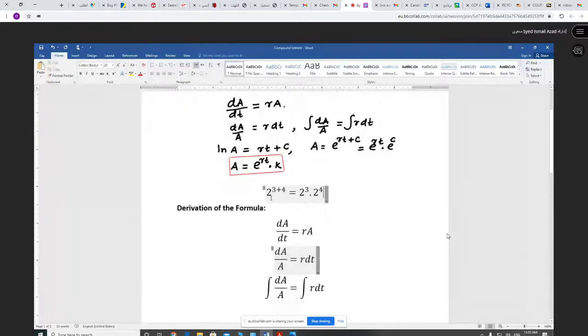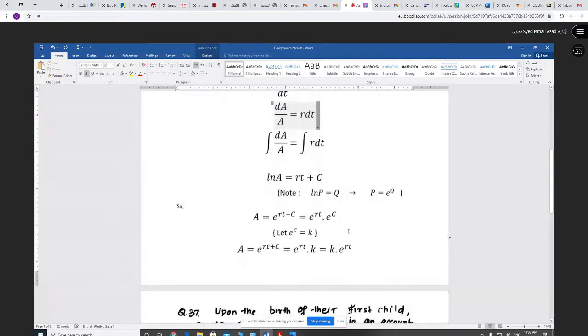If you have 2 power 3 plus 4, it is equal to 2 power 3 times 2 power 4. Actually, the rule is x power a plus b equals x power a times x power b. Okay, this is the rule I am using.